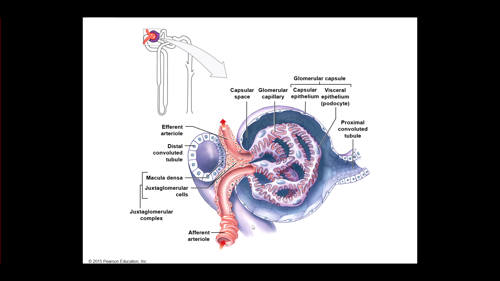Here's that DCT, the distal convoluted tubule, right here, and they just cut it so that we could look into it. There's a couple structures that are associated with the distal convoluted tubule, called the juxtaglomerular complex. And this juxtaglomerular complex helps to regulate, believe it or not, blood pressure.